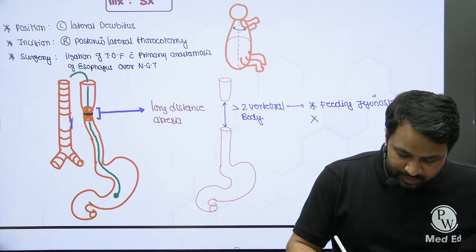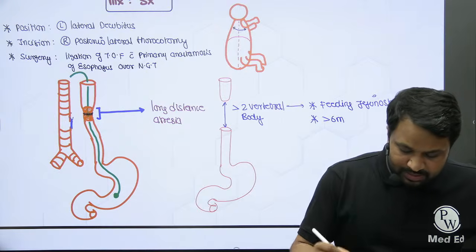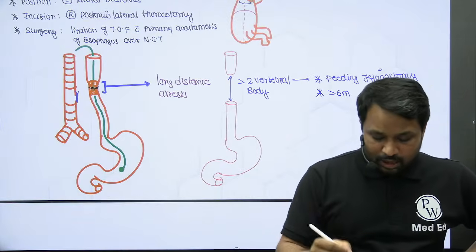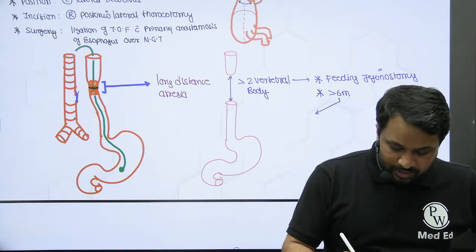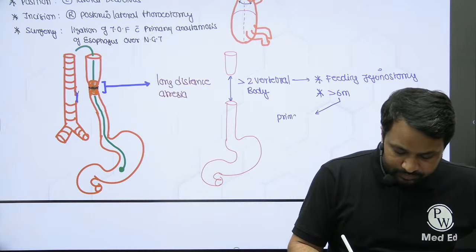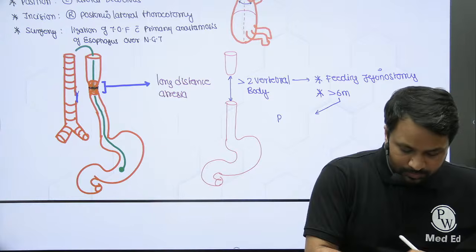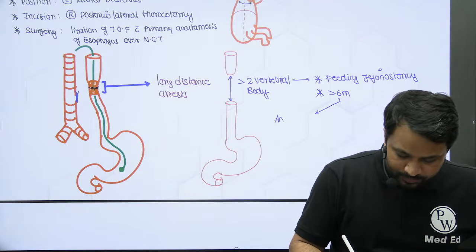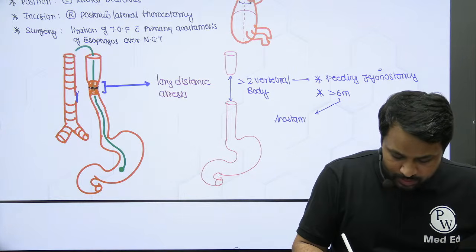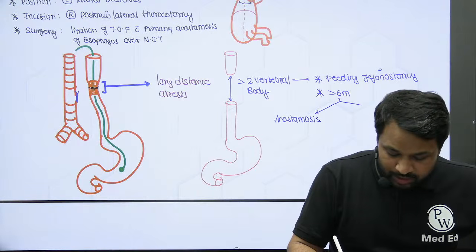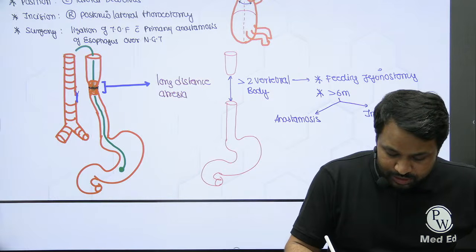And after doing the feeding jejunostomy, after 6 months, if there is an adequate length, I can go with primary anastomosis. Or I will go with interposition surgery.